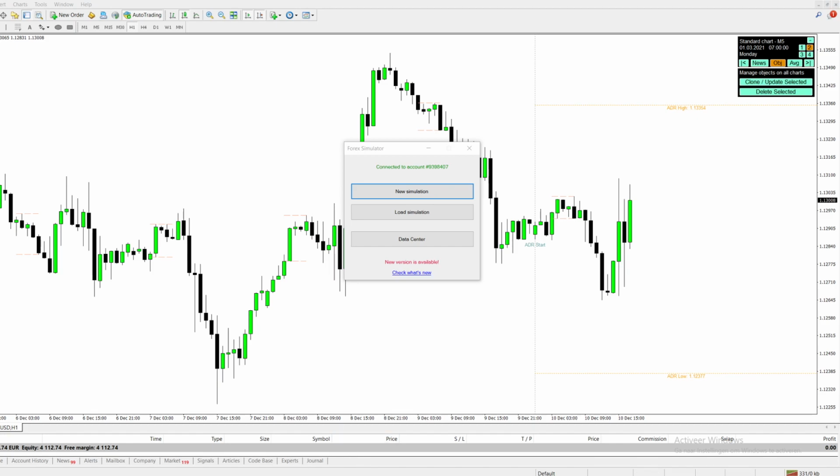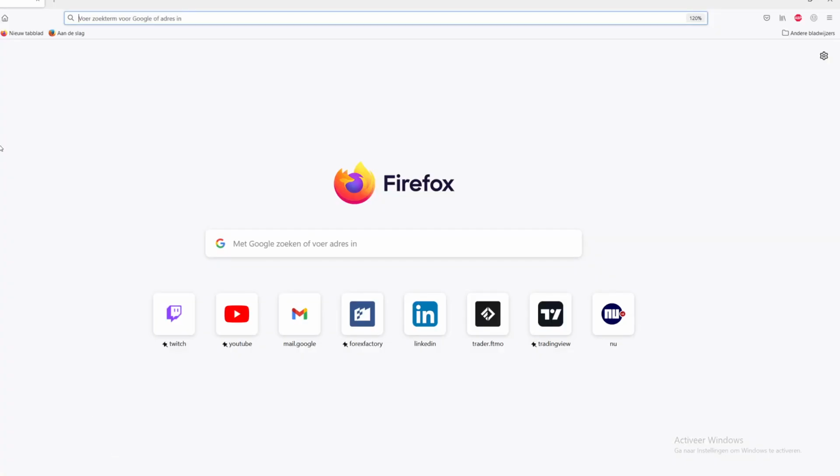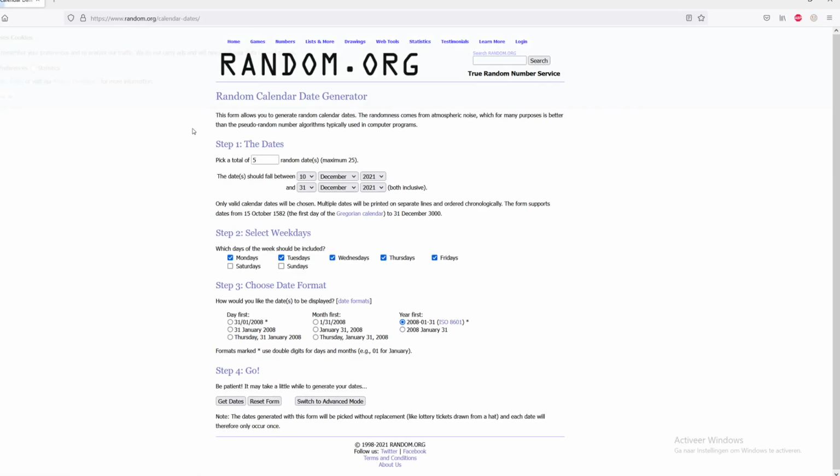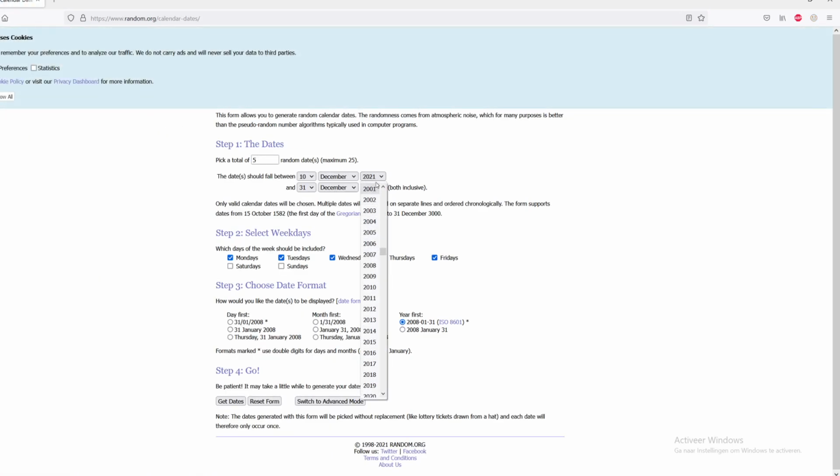So let's see. Let's get a random date once again. Let's get the generator over here. It should be between 2015 and, let's do, 2019, before Corona. Pick me a date.